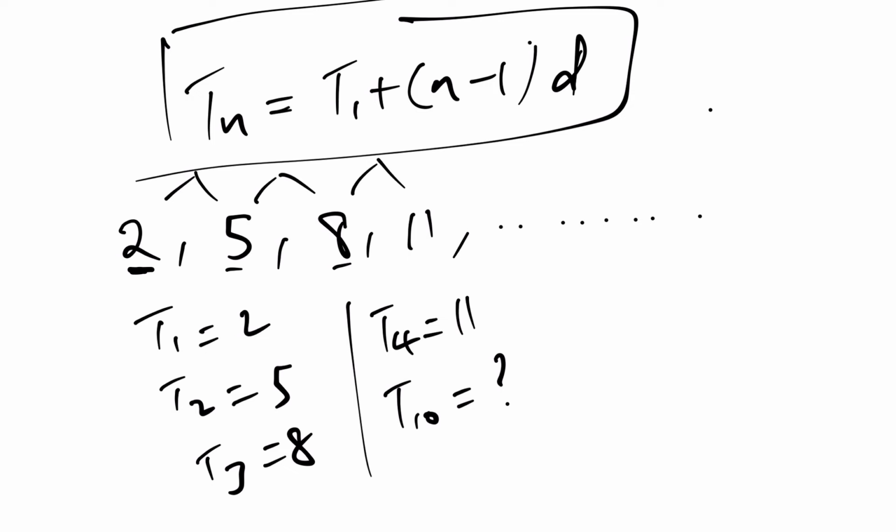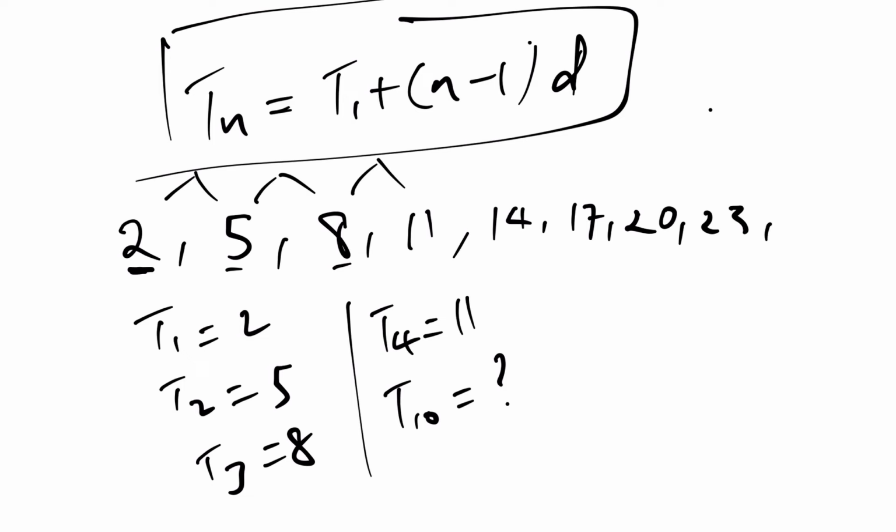So the hard way is just to continue the sequence like this. After 11 you'll get 14, because we have seen that the difference is plus 3. After 14 plus 3 it's 17. After 17 is 20. After 20 is 23.